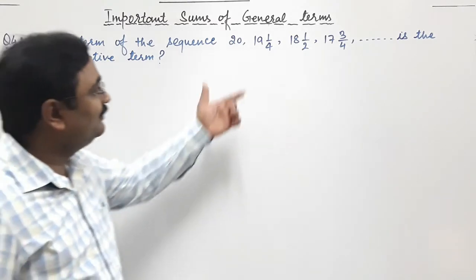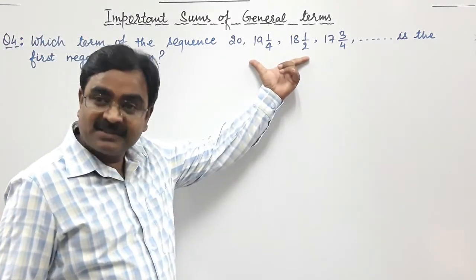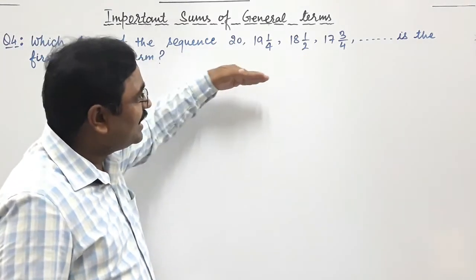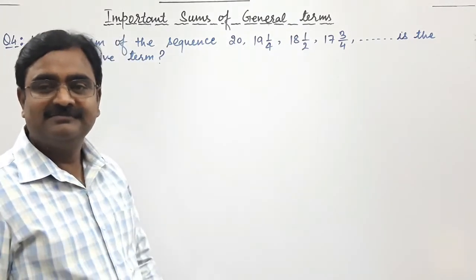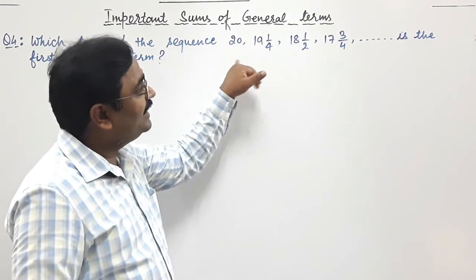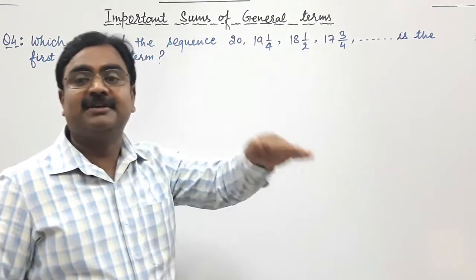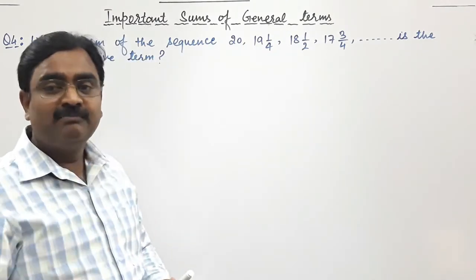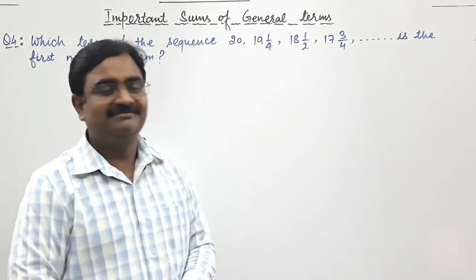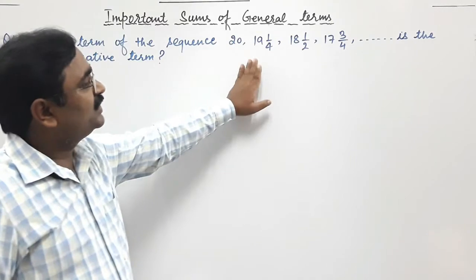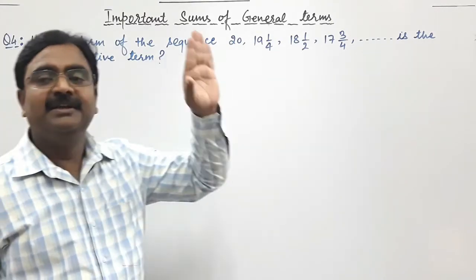As you are seeing, the terms of this sequence are in decreasing order. You can see that this arithmetic progression is decreasing, so some term will be the first negative term. That term we are going to find out. Which term of this sequence is the first negative term?